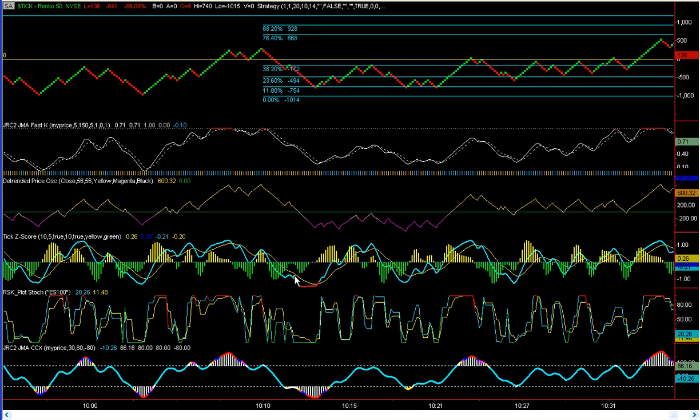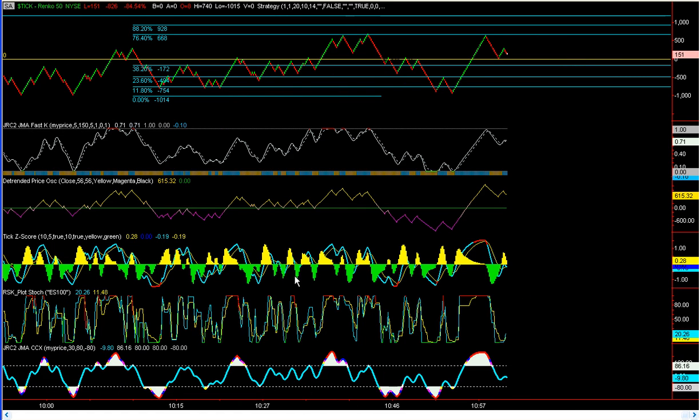Now in the z-score itself, let's just get it over here. If you can see this clearly, you'll notice how certain levels are now painted red when they're overextended. When the standard deviation is too high, we change the color.